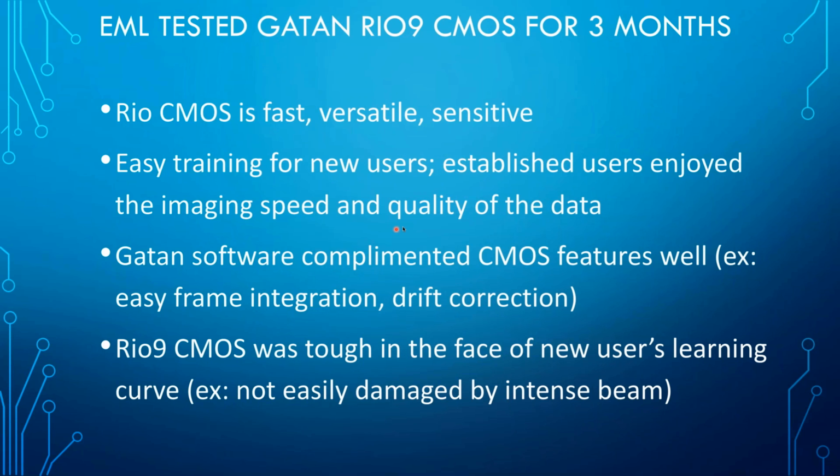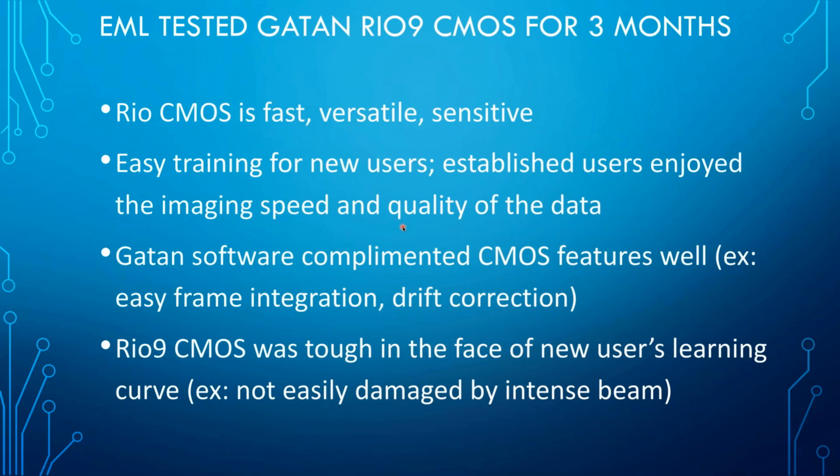We found that the Rio was really, really easy for training of new users, and as a core facility on campus, we get a whole range of people with different experiences. Some people are undergraduates with literally no lab experience, first joining a lab on campus, and they want to learn to do EM for their particular lab.